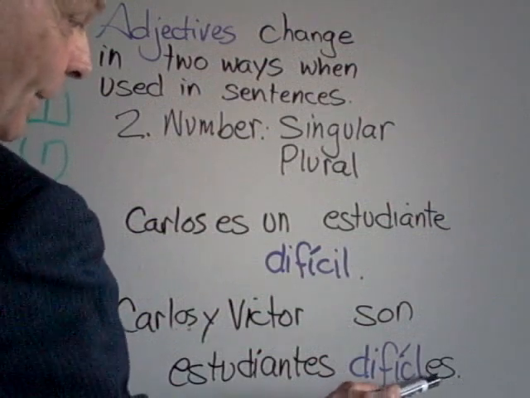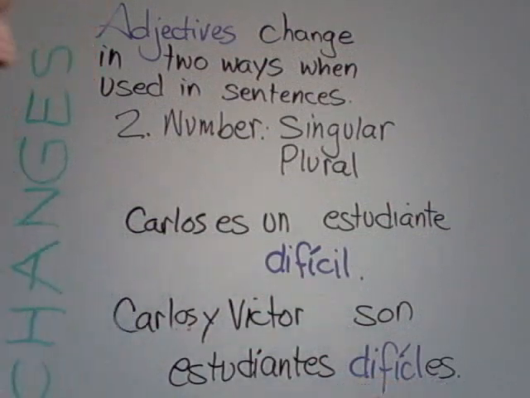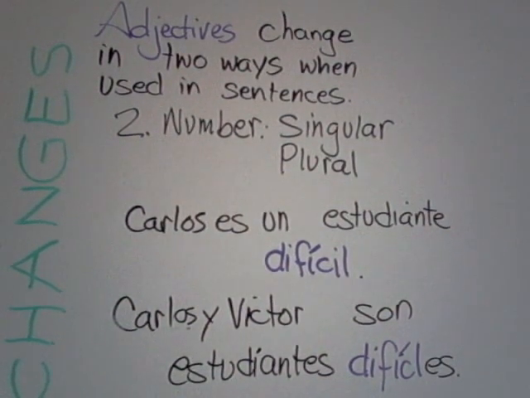We have to put an ES, the spacer vowel, to separate the S from the L sound. You cannot say difícils in Spanish. It's difíciles. So we put in that spacer vowel to separate the S from the L sound. We do that with all adjectives that end with a consonant.